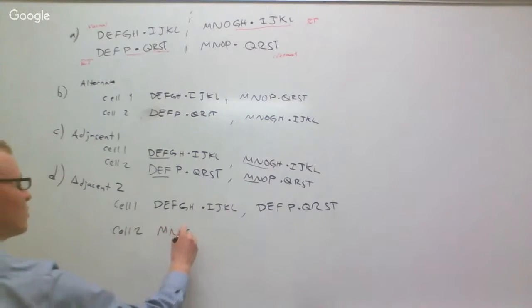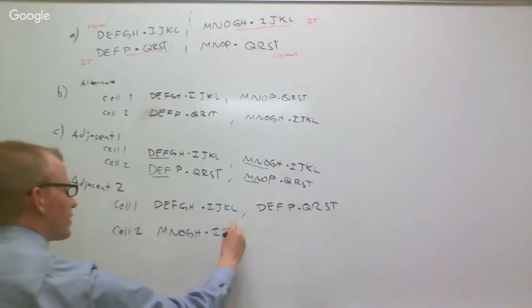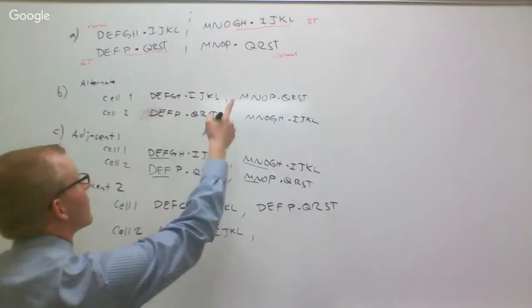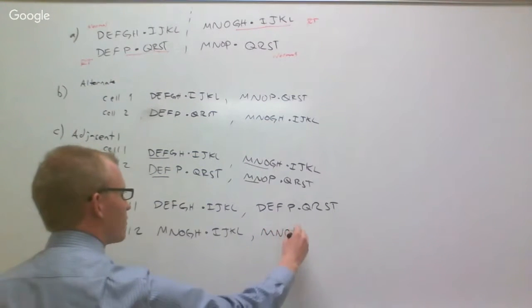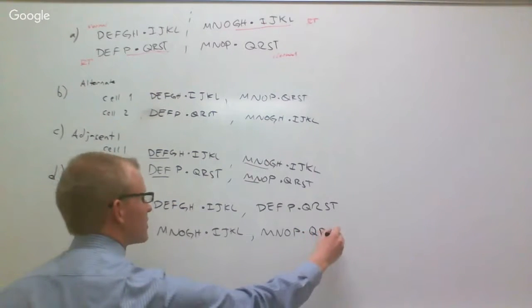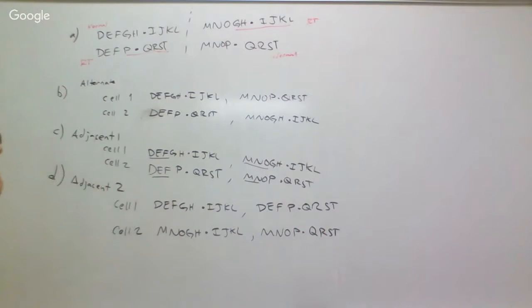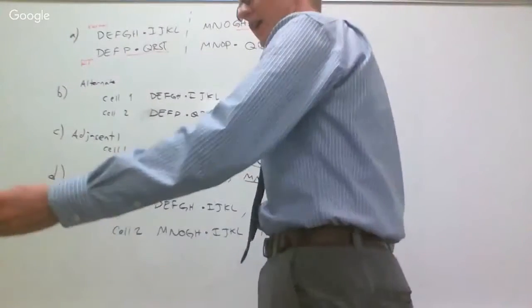M, N, O, G, H, centromere I, J, K, L, followed by my other normal chromosome, M, N, O, P, Q, R, S, T. And there are your allele frequencies for the adjacent 2 pattern of segregation. And that will end number 4, and we will move on to number 5.